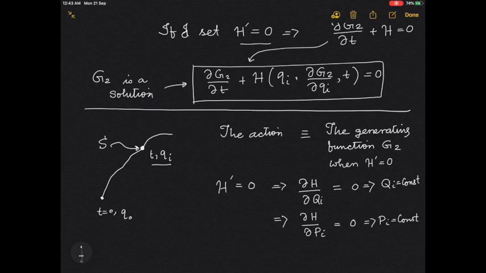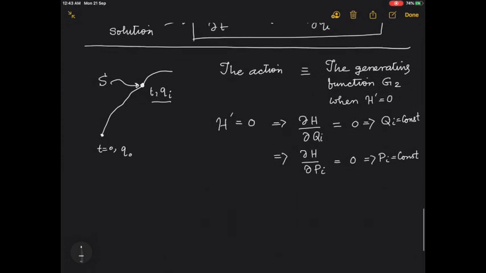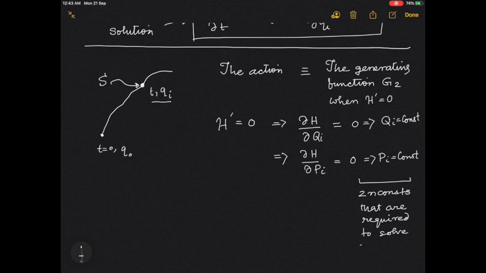So these P's are constant. Oh, that is interesting, because these are 2n constants that are required to solve 2n canonical equations. Right?